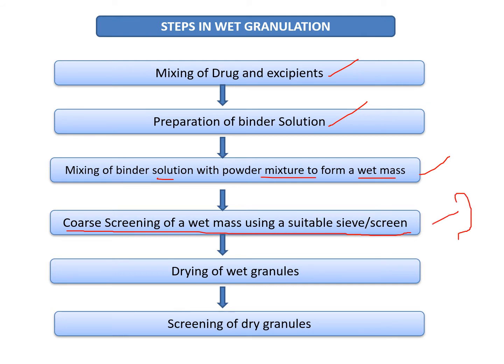So this is the main process. Wet granules are formed, which are dried, and then the dry granules are screened to get granules of uniform size.